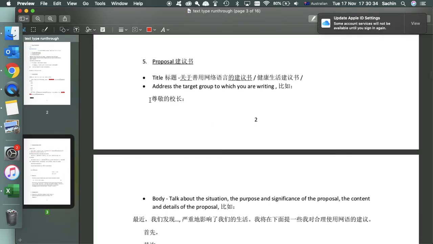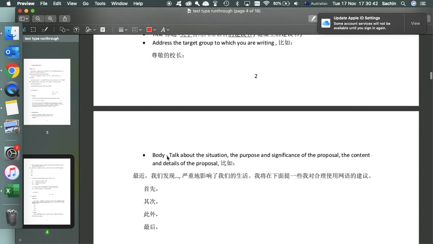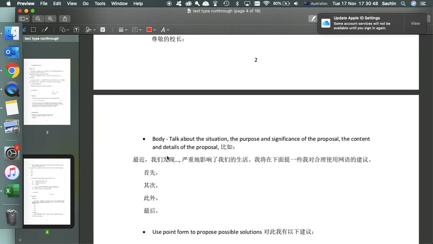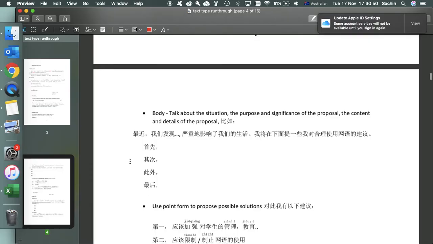And here you do a simple respectful address, so 尊敬的 whoever. So if you're addressing the school, probably do 小张. And then body. So you talk about the situation, purpose, and significance of the proposal, and the content and details. So you start your introduction by going like, recently I've discovered, and then whatever issue you're talking about and how it affects people's lives.